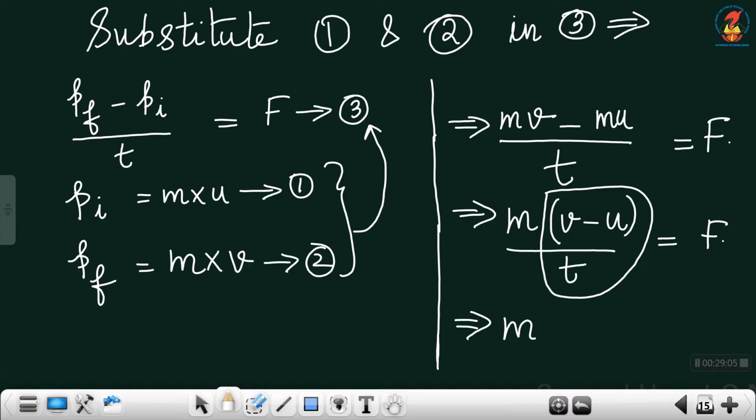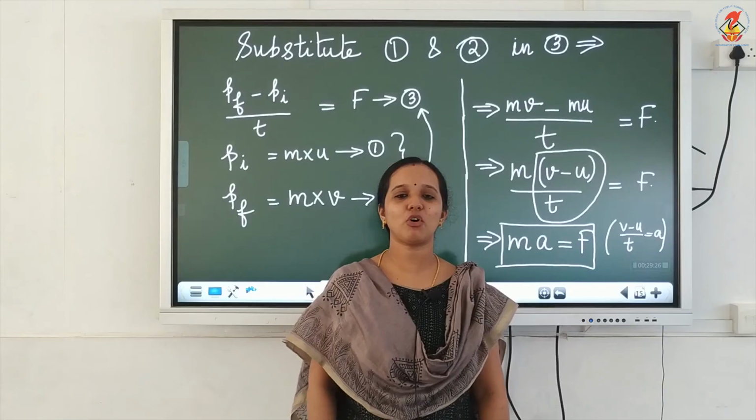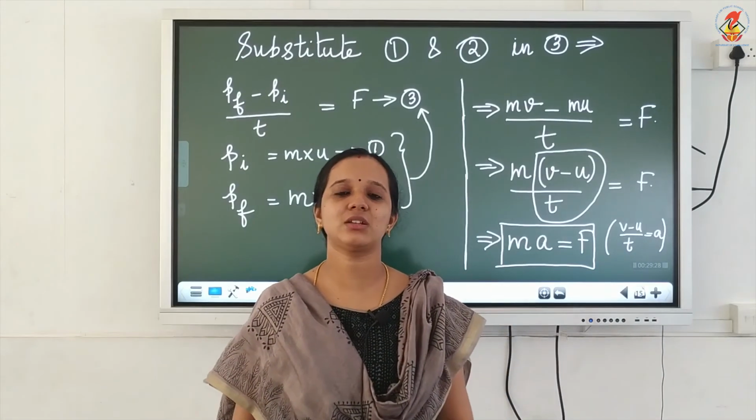So instead of (v minus u) by T, we can substitute acceleration. Since (v minus u) by T equal to A, we can write this equation as ma is equal to F. This is the mathematical form of Newton's second law.